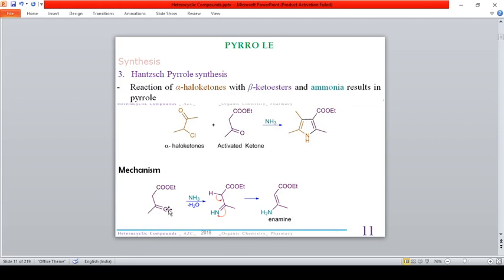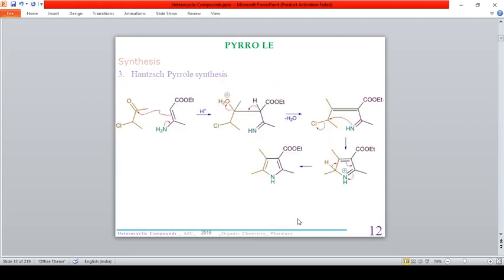That proton will in turn attach to your OH. And again the stabilization process will occur, and this nitrogen again uses up hydrogen and it will have a double bond. And then tautomerization occurs, enamine formation occurs. So by reaction of your activated ketone and ammonia, you will get an enamine.